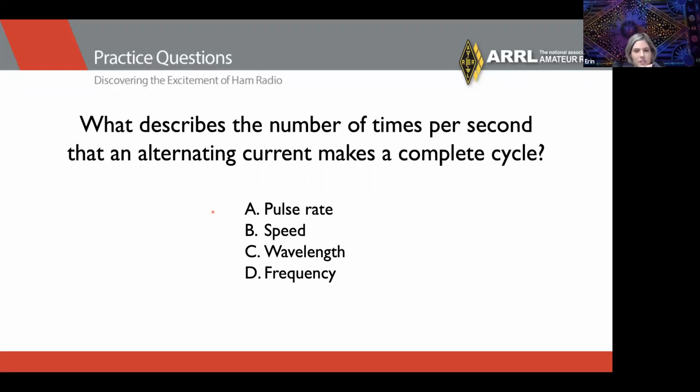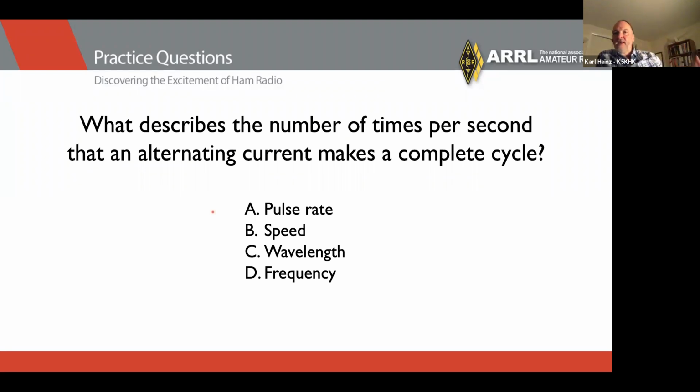Frequency. It's the frequency, yes. I would think the number of times is the clue on this one, that frequency means how often and number of times means how often. And for some of these things, you can say, after week 10, we've never talked about pulse rate.